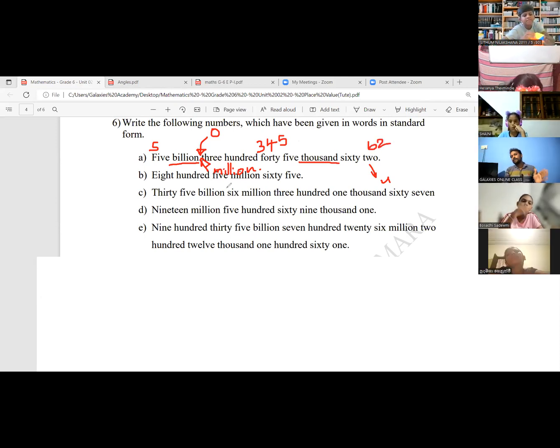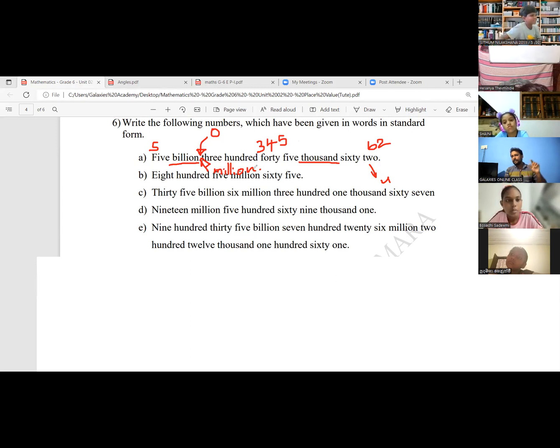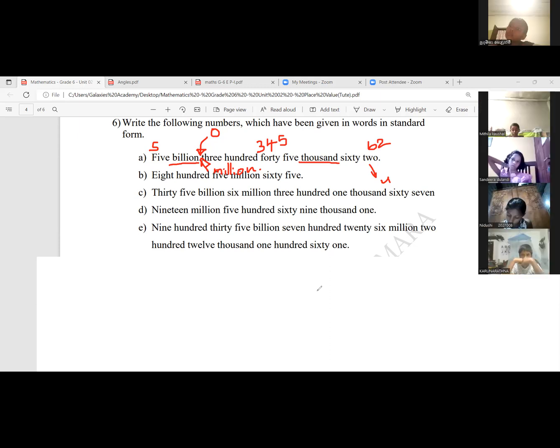You remember, when you write the digit form of a number, you have to complete 3 digits in every period. But the beginning period does not need to complete 3 digits. It doesn't matter if the first period doesn't have 3 digits, but every period after the first must have exactly 3 digits. Otherwise it is wrong.